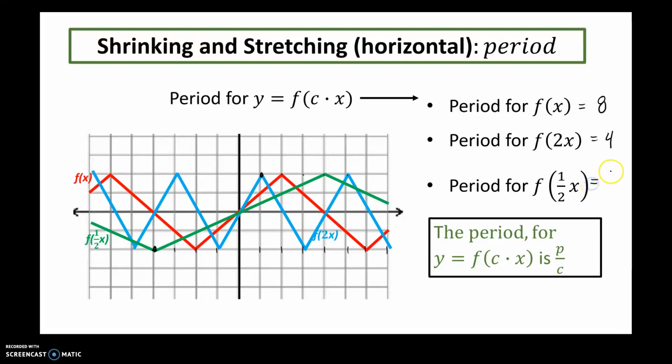So my fundamental period before I stretched it was 8. When I divide 8 by a half, remember dividing by a half is multiplying by 2. So the period for the stretched out one is actually 16 units long. Okay, so that's why we can't see it from the graph that's given.